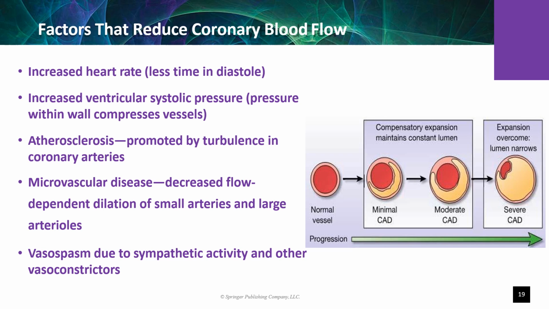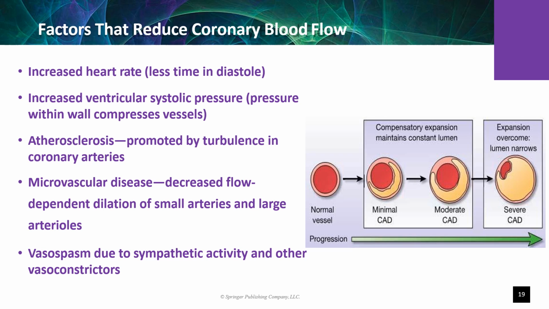Duration of diastole affects the total myocardial blood flow. Diastole during a resting heart rate of 70 beats per minute is about 2/3 of a cardiac cycle. As the heart rate increases, the duration of diastole shortens, with the duration of systole remaining relatively constant.